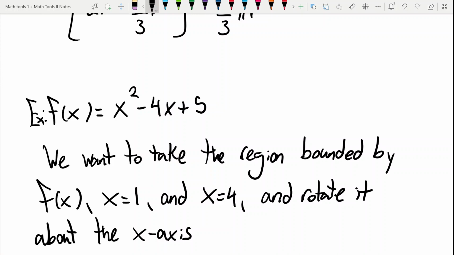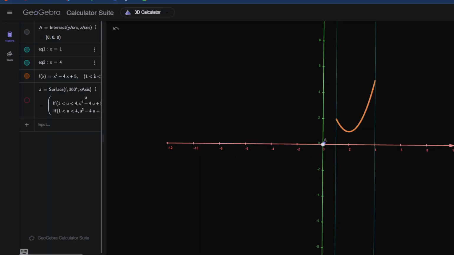So let's go back to the GeoGebra. I don't know if I'm saying it correctly, but I have it already pulled up here. This is the two-dimensional graph of x squared minus 4x plus 5, the orange line right here, and I cut it off between 1 and 4, and I have the green lines here.